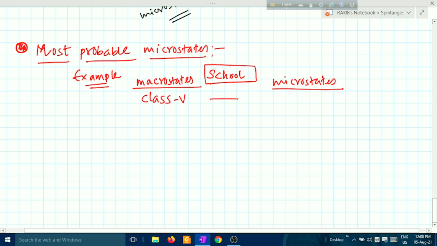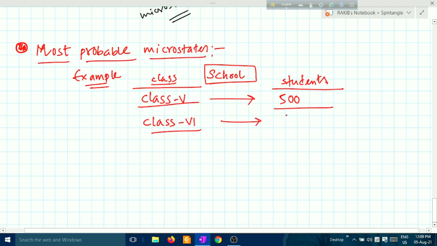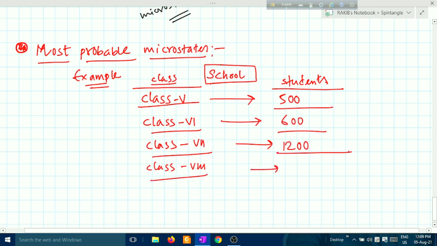Say class 5 has 500 students. This is class and this is students. Say class 6 has 600 students. Class 7 has 1200 students, say, and class 8 has 400 students.